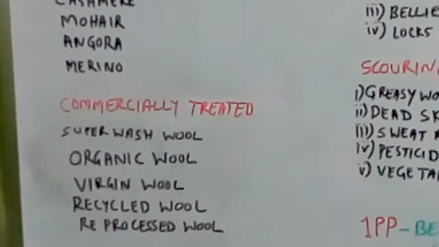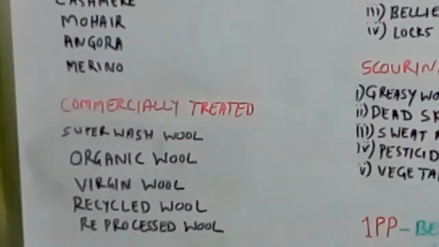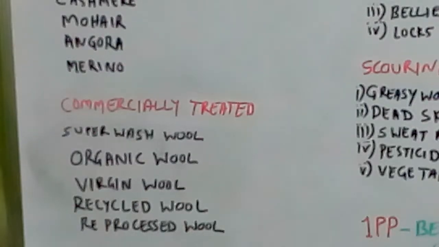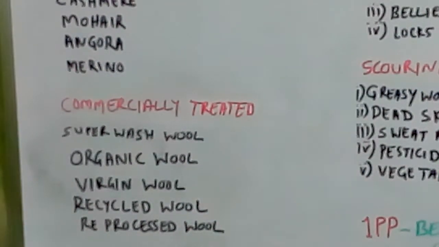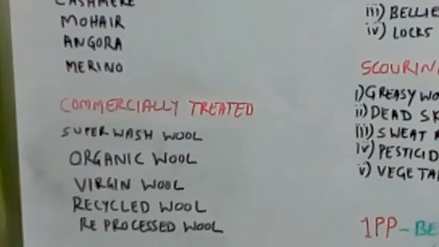In other words, virgin wool is the wool extracted from the lamb for the first time and directly used for the end product, fabric or other product.